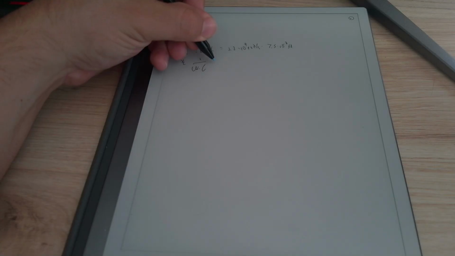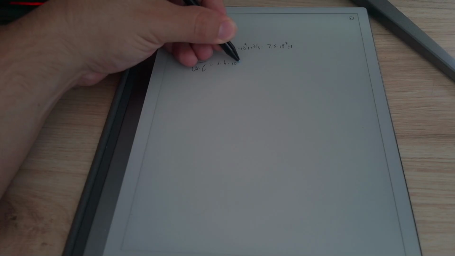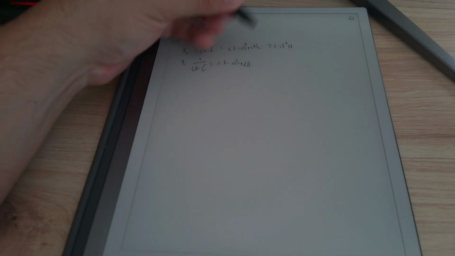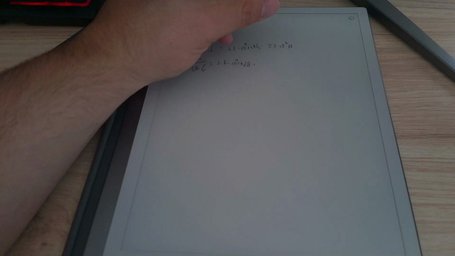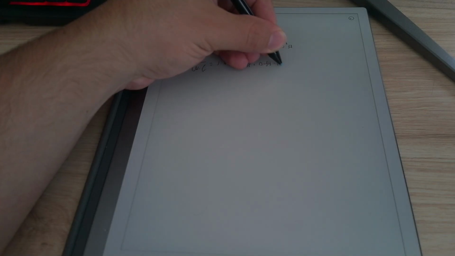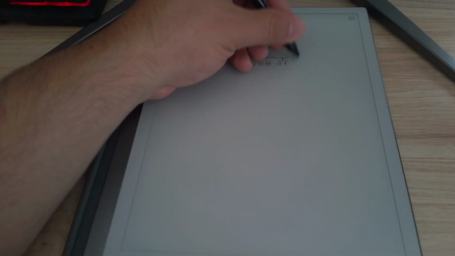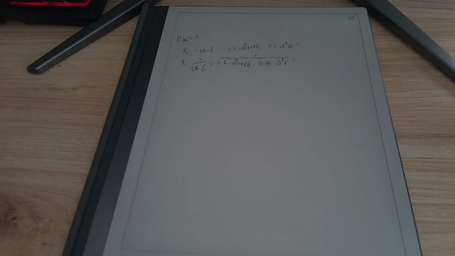And then I'll have this one there as well: 1 over 1.3 times 10 to the 4th per second multiplied by our 0.44 times 10 to the -6 farad. That's how you set it up.